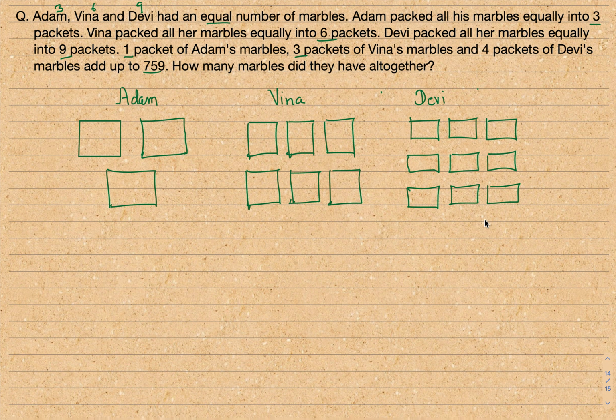Now, since all of them can divide their marbles equally into 3, 6 and 9 packets without leaving any remainder, that means the number of marbles each of them has to be a multiple of 3, 6 and 9.